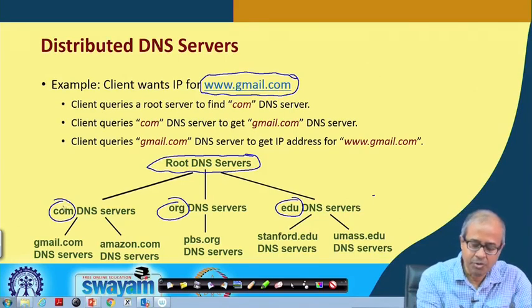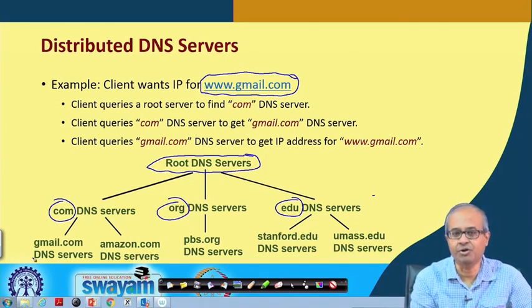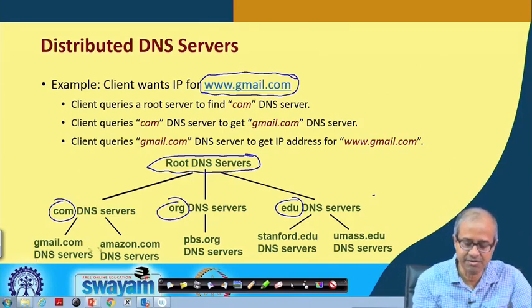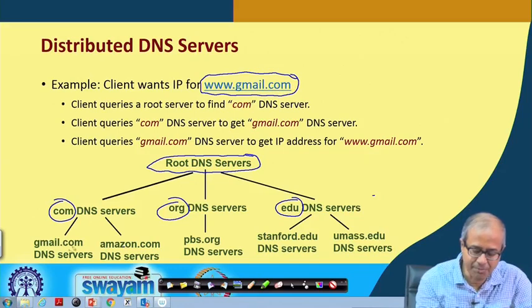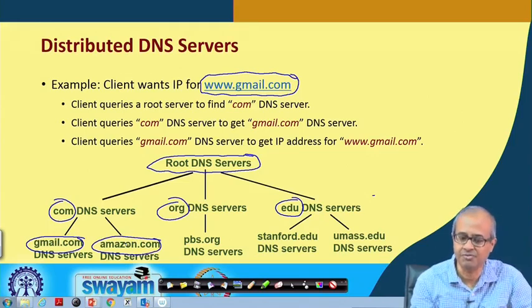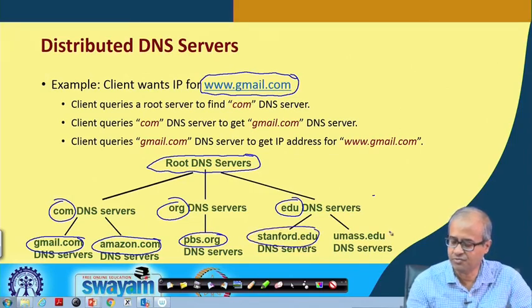Under com, all websites which end with .com will have their own DNS servers. For example, there will be some DNS server for gmail.com, DNS server for amazon.com and so on. For org, I have given one example, pbs.org, edu, stanford.edu, University of Massachusetts, umass.edu and so on.